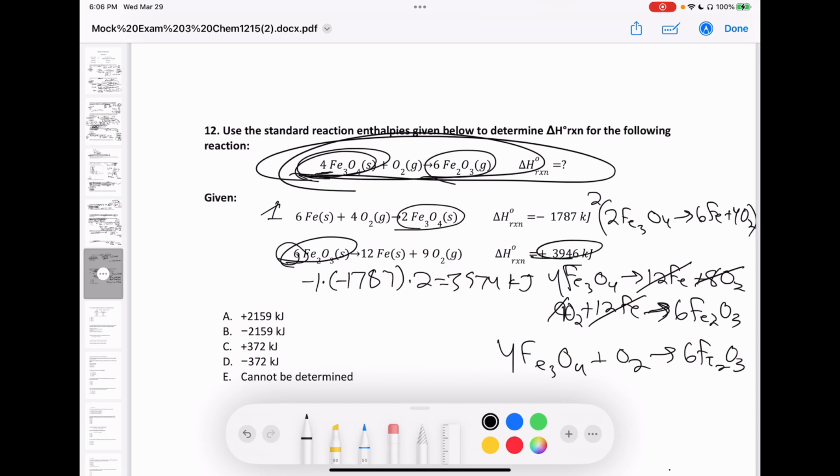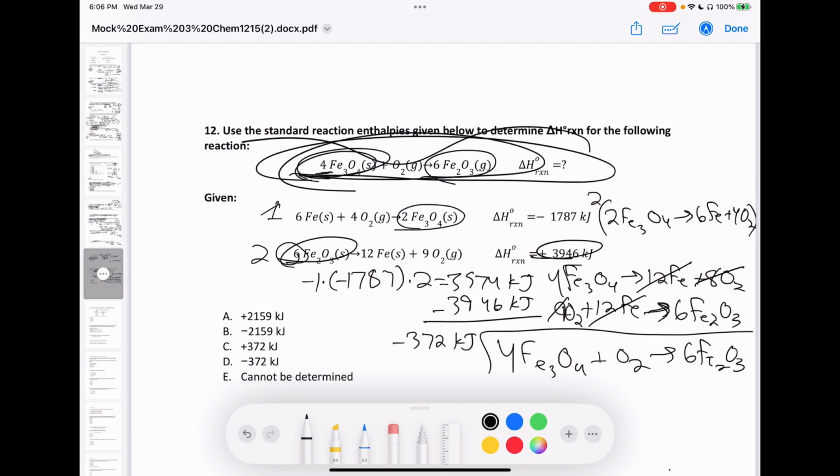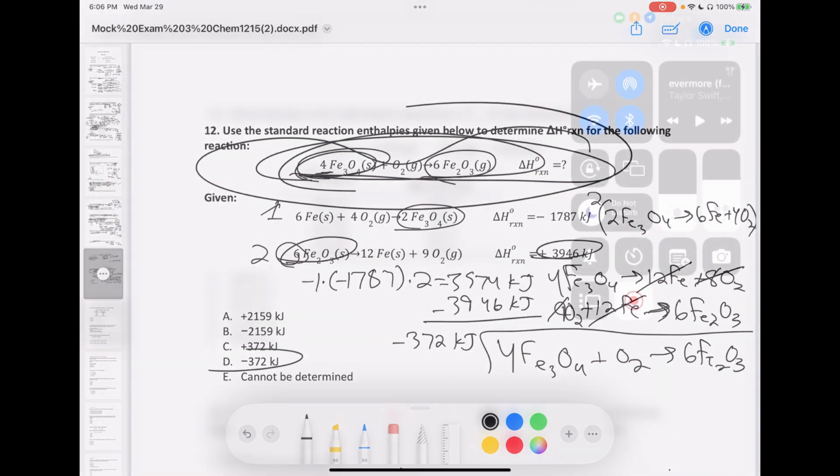And then we flipped equation 2, so that'll be negative 3946 kilojoules. So whenever we add those two together, we get negative 372 kilojoules for this reaction right here, using Hess's law, and that is answer choice D.